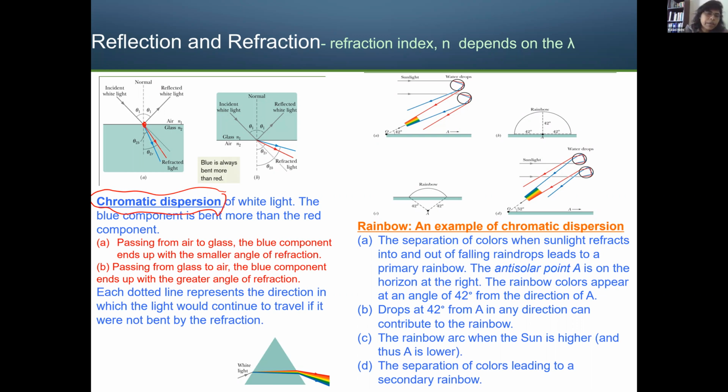Because of that, you see that red is bending less and is always very close to the direct light. This diagram is for N2 greater than N1. My next diagram is N2 less than N1. Although it is bending outward, your red is still close to the direct light because the speed of the red is greater.